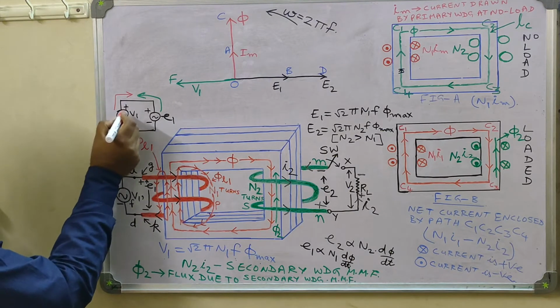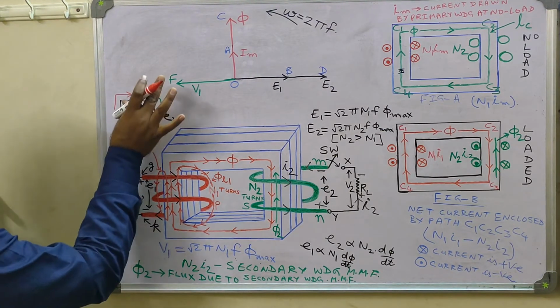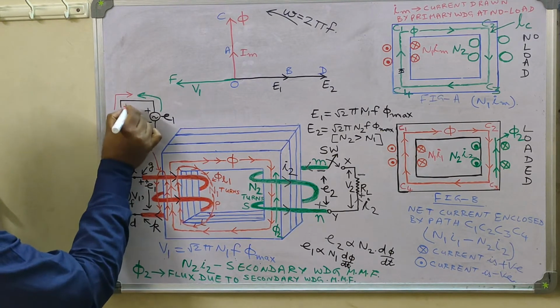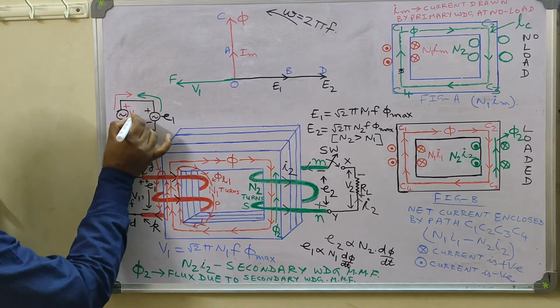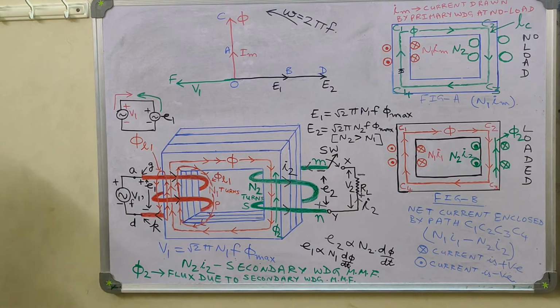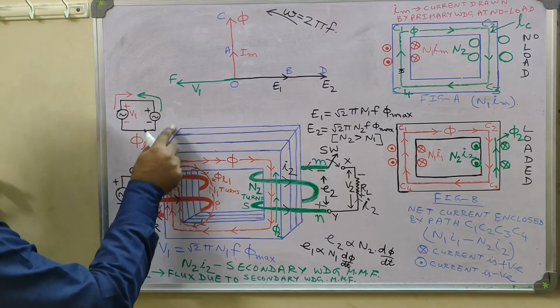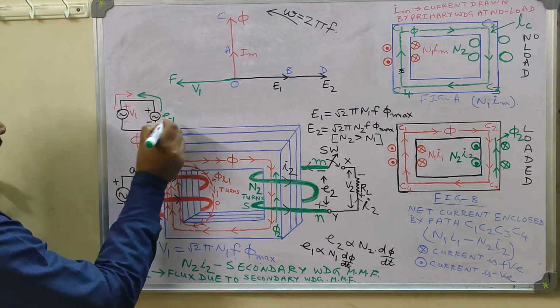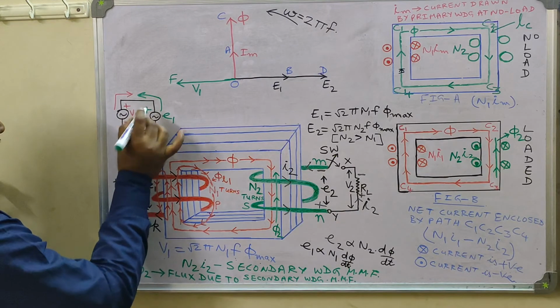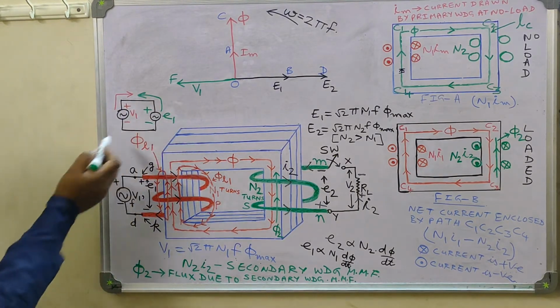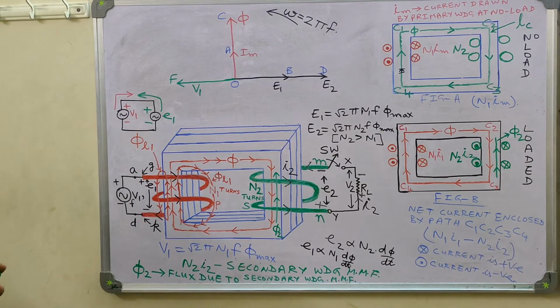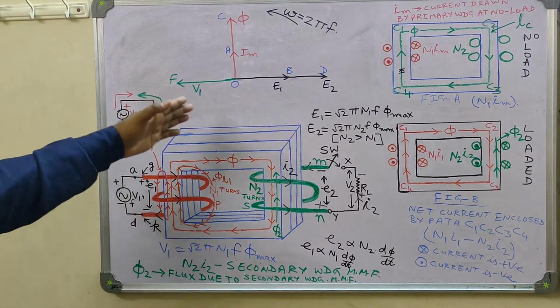So they are trying to force current in opposite directions. That's why they are shown to be 180 degrees out of phase here. So this is the phasor diagram.